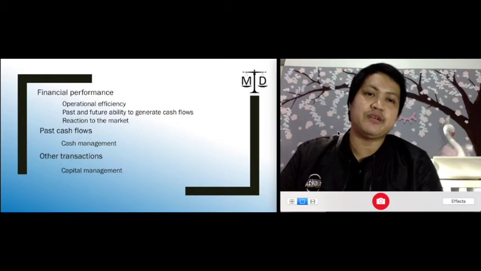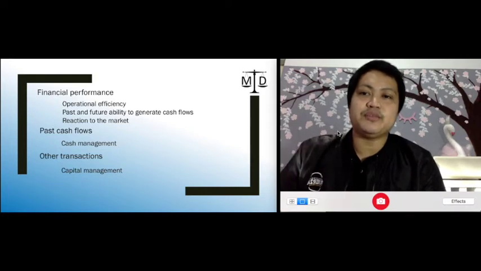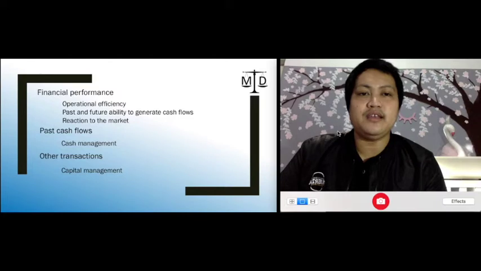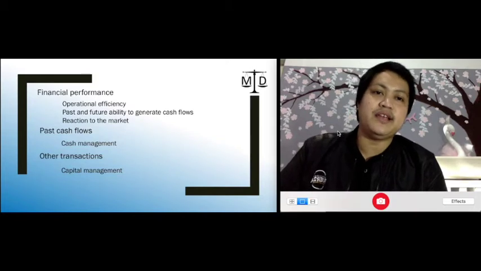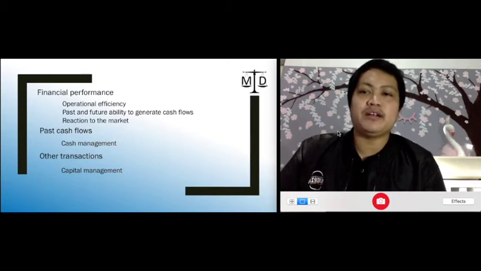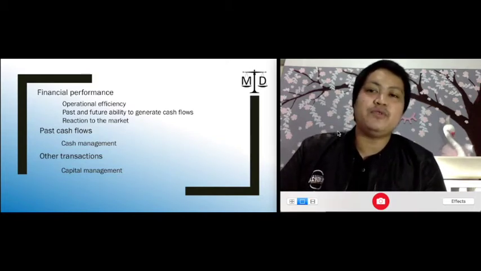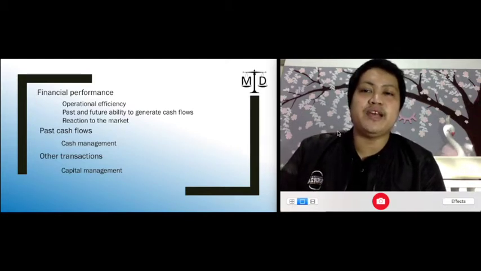So to summarize this portion of chapter 1, this tells us that information about an entity's financial performance would tell us about the entity's operational efficiency, would tell us about the entity's ability to generate cash flow both in the past and in the future, and it would also tell us the entity's resiliency to adverse market conditions. And from those information on past cash flows, we'll be able to make an assessment on the entity's cash management.